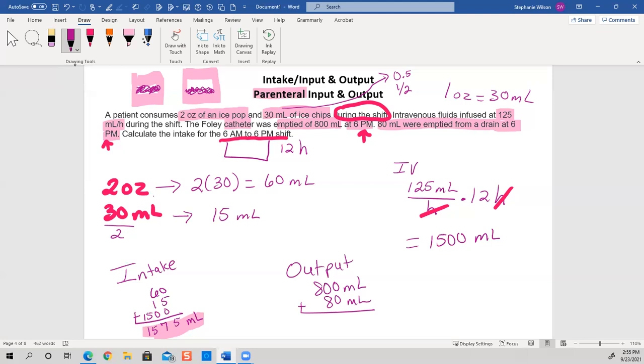These are records you want to keep track of, because those are serious things to watch for. This gives me 880 milliliters of output coming out of this patient. I'm not in the medical field, but it's a close race, and you want to make sure the factors are not dangerous for this patient. So that is the input and output.